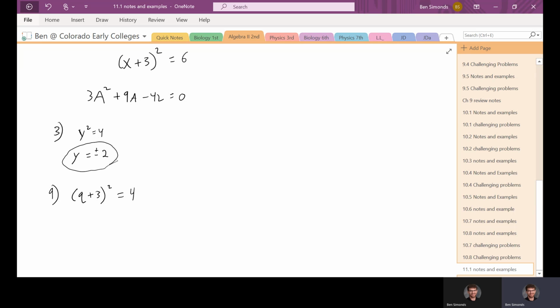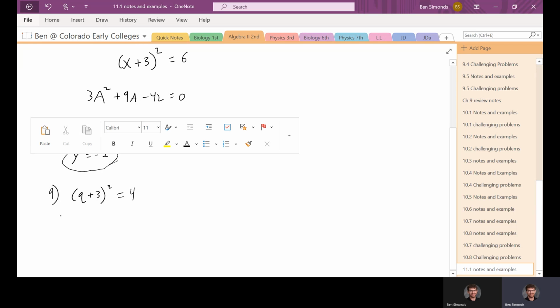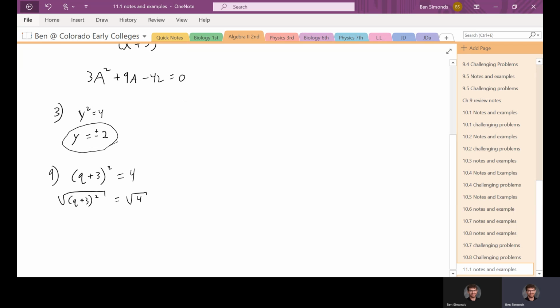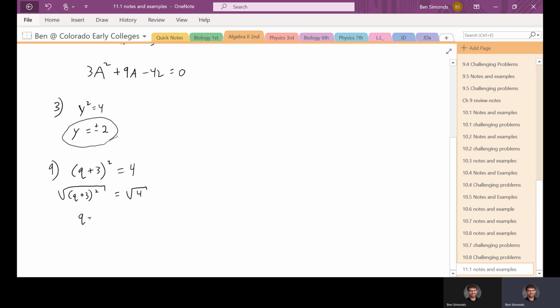So what does that mean in this case? Our group is squared. This entire group, q plus 3, is squared. To undo that, we need a square root, because a square root undoes a square. So we've got the square root of q plus 3 squared over here, and the square root of 4 over here. This just becomes q plus 3.